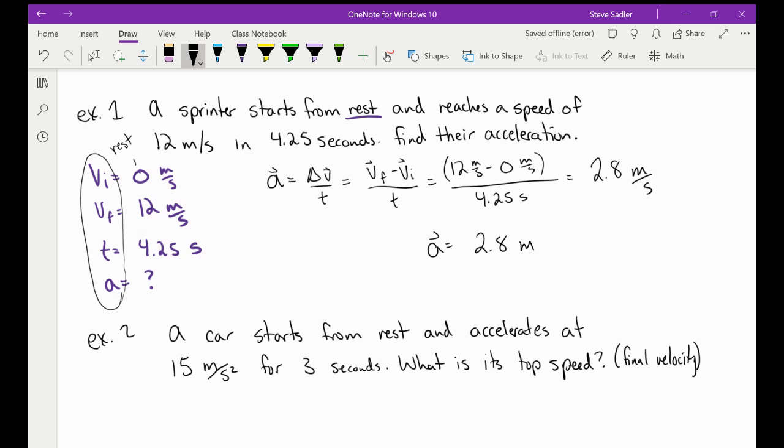And the direction comes from the sign. That's a positive 2.8. That was a positive velocity, which means we are accelerating in the positive direction, or the same direction as we were running. So you don't have to write the positive. It is assumed that it's there. The only time you have to really specify is if it's going negative, right?